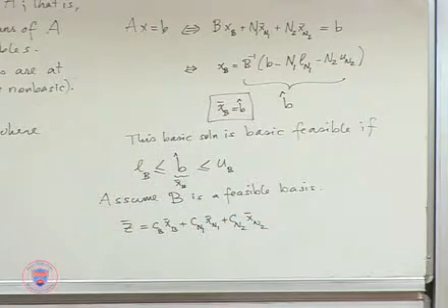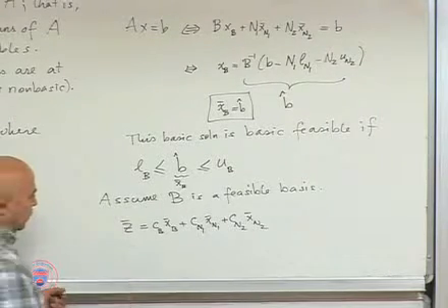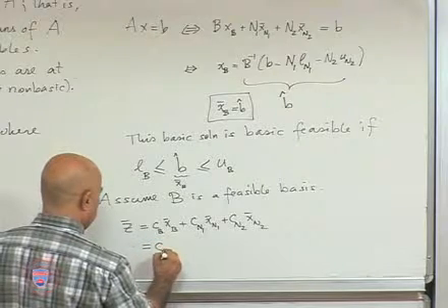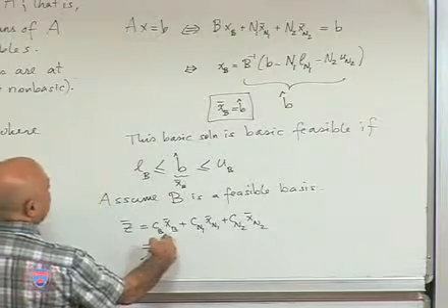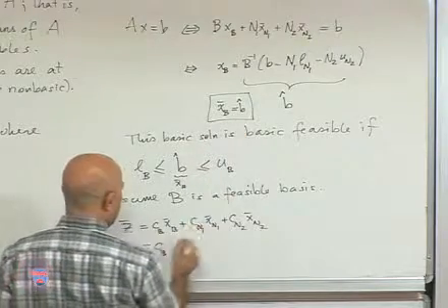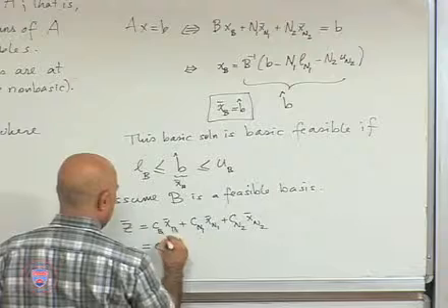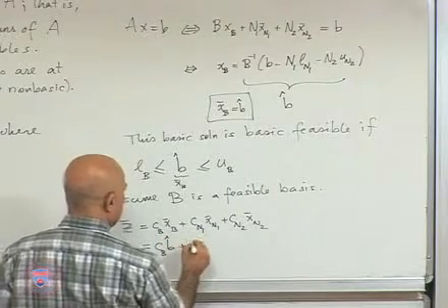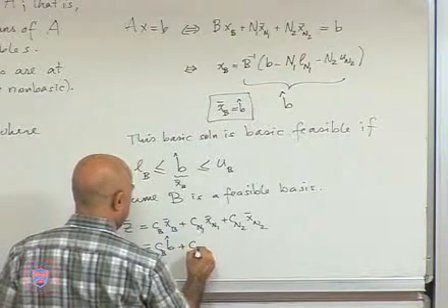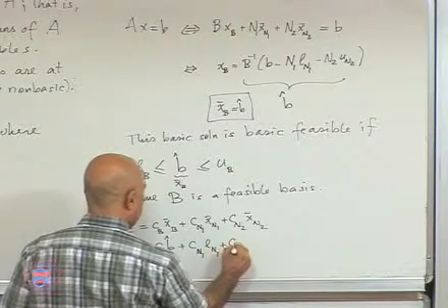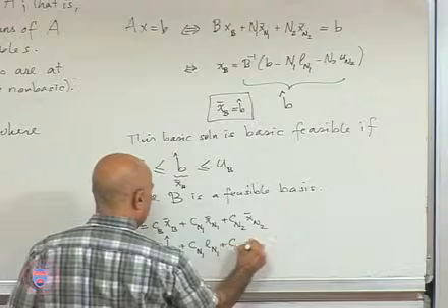That's your objective function value with specified values for all variables. Now, if you rewrite this, this is going to be CB times XB bar, which is B cap, plus Cn1 ln1 plus Cn2 un2.